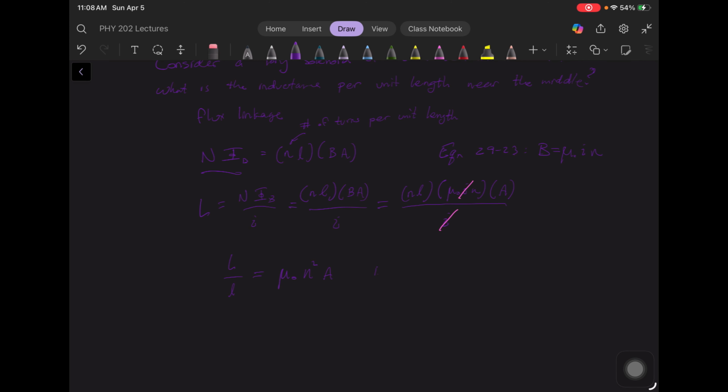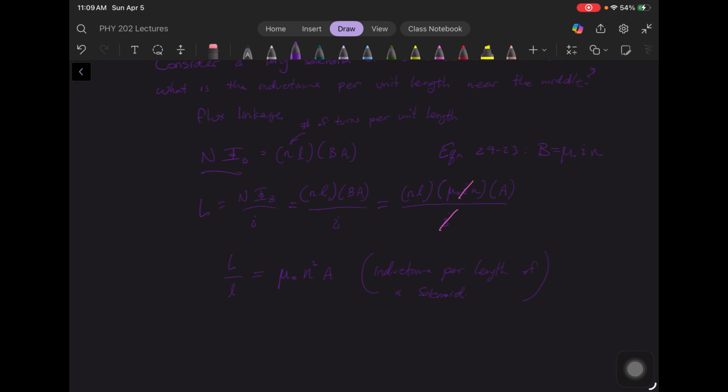And this is the inductance per length of a solenoid. Right. And the reason we do it as inductance per length is so the length of the solenoid doesn't matter.